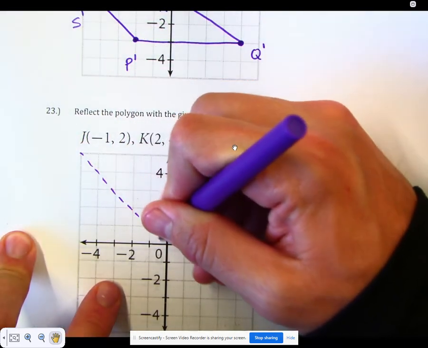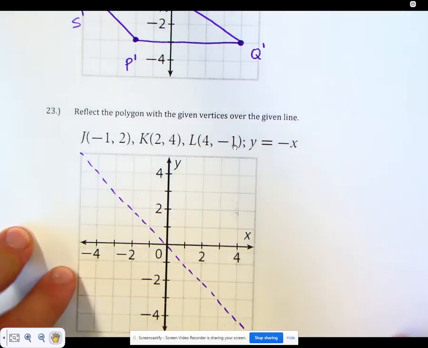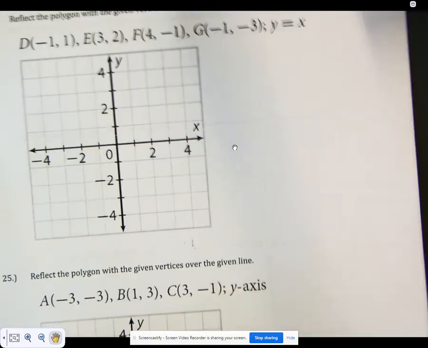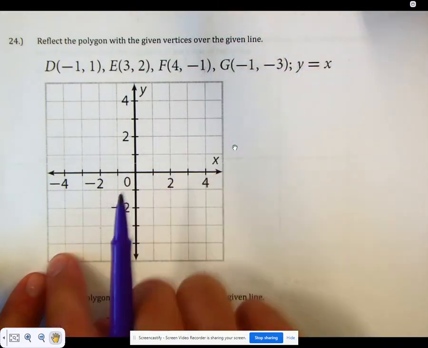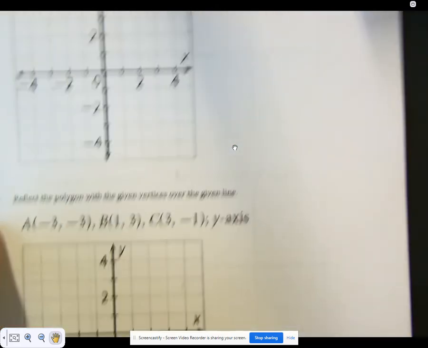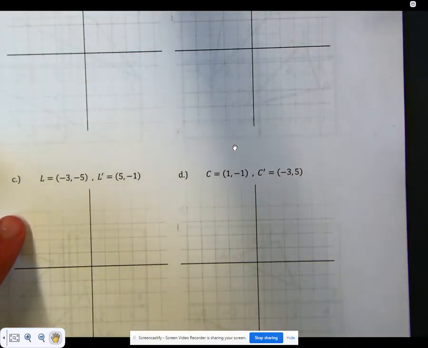So just make sure you're carefully reflecting every point over that line. Same thing here. The line y equals x is going to be this diagonal line. So again, you just got to carefully reflect each point over that. And then 25 is reflecting over the y-axis, that vertical y-axis.